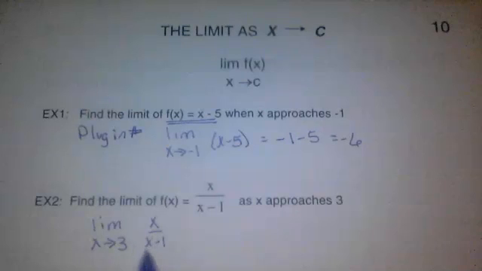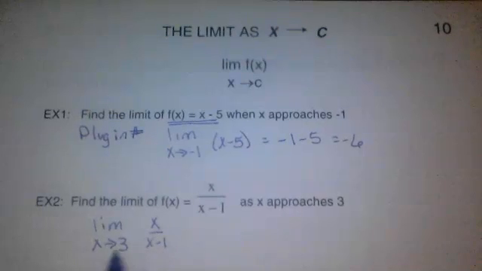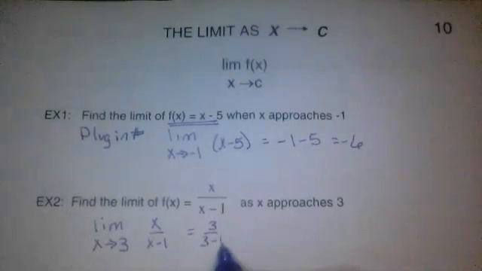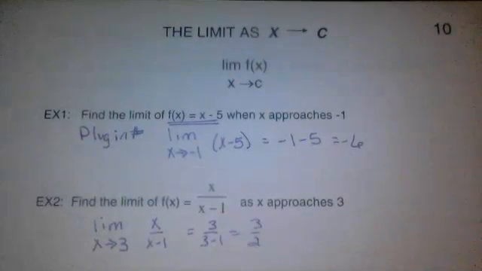We know that this has a vertical asymptote at 1, but the 1 where the vertical asymptote is located is not what they're asking us about for a limit. The limit they're asking about is at 3. So we probably will be okay here in just plugging in the values. 3 over 3 minus 1 is 3 halves.